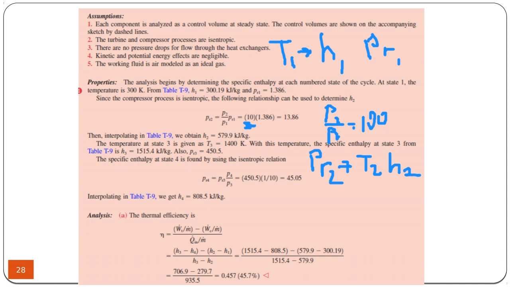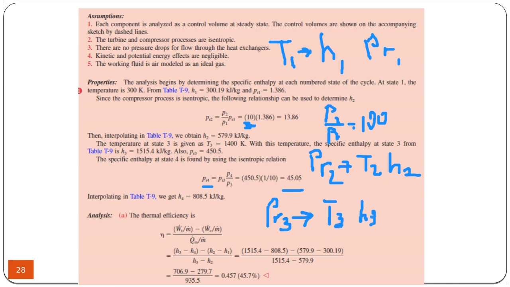From that, we can find the PR4 by calculating the ratio of the pressures again. So from PR3, we go to the table and we read the values of T3 and H3.